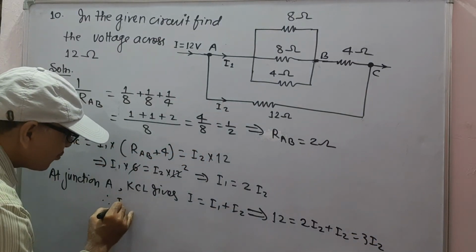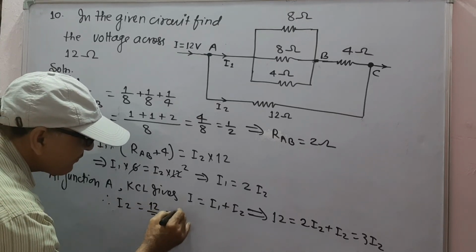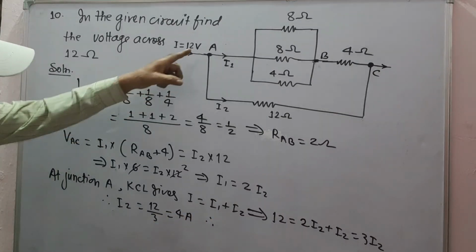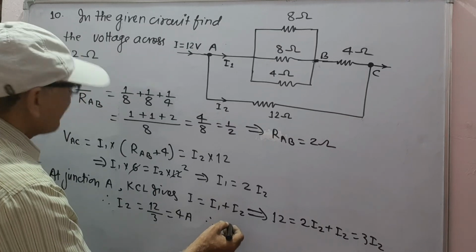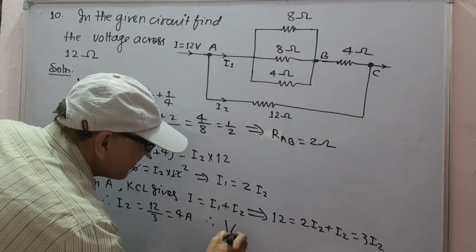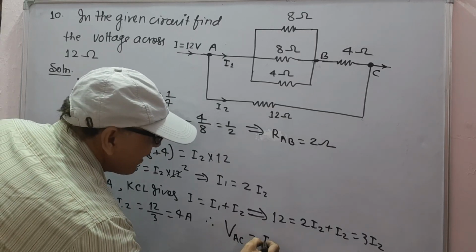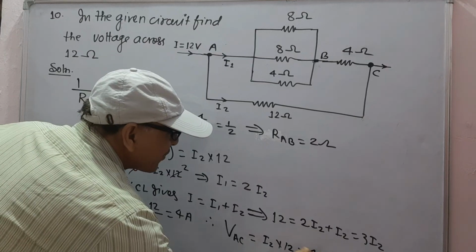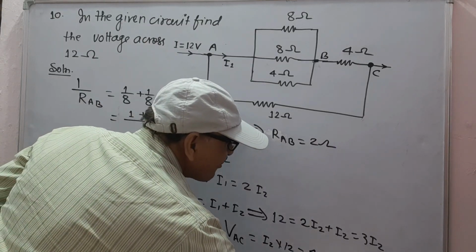Therefore, I2 will be equal to 12 upon 3 means 4 ampere. Therefore, voltage between A and C will be equal to V_AC is equal to I2 into 12, that is 4 into 12, 48 volt.